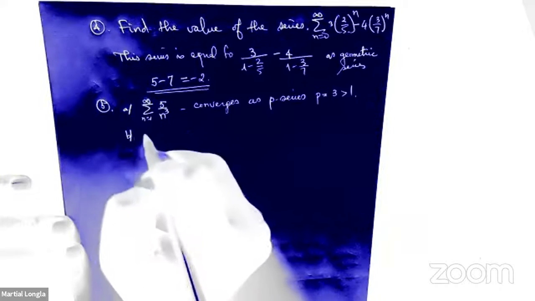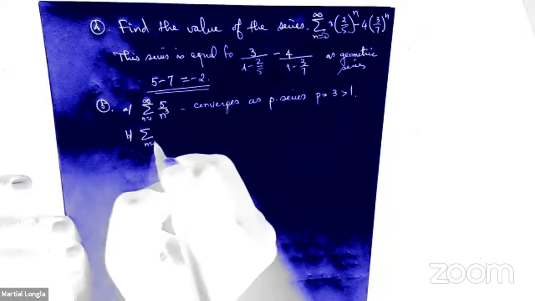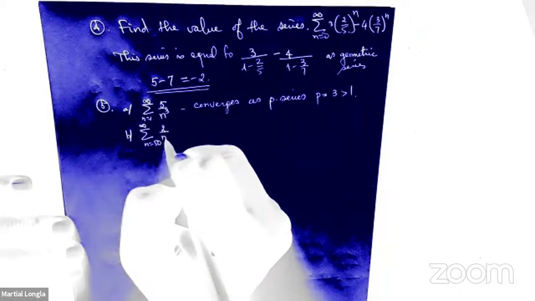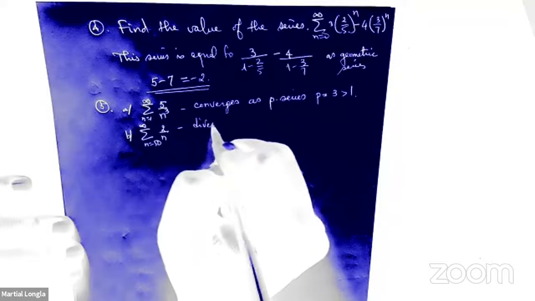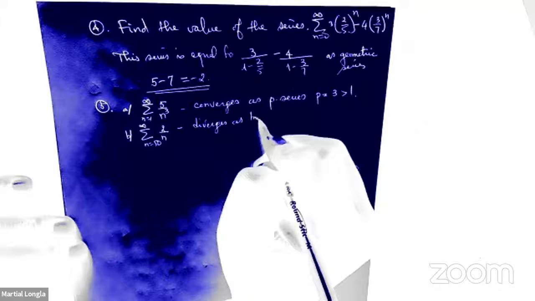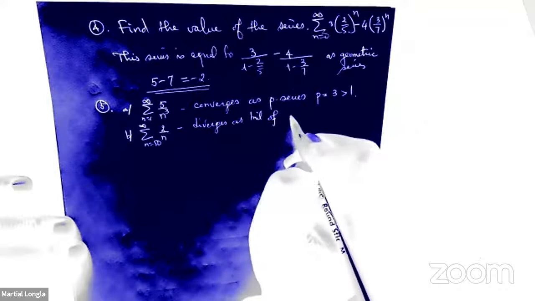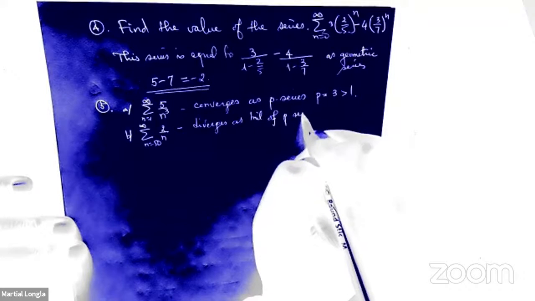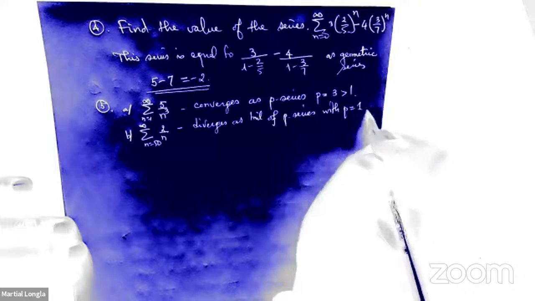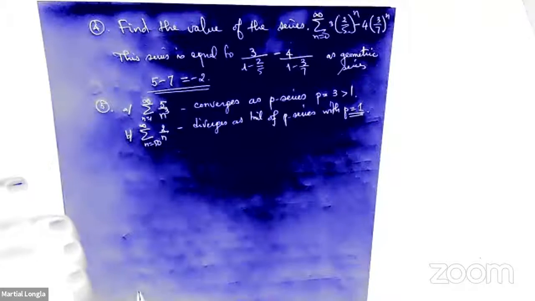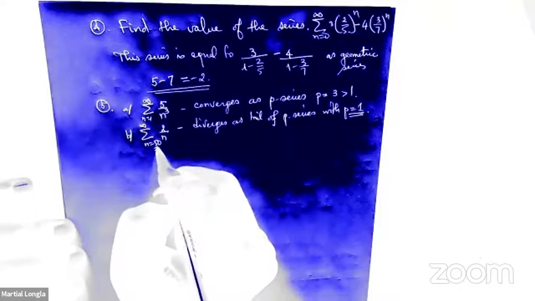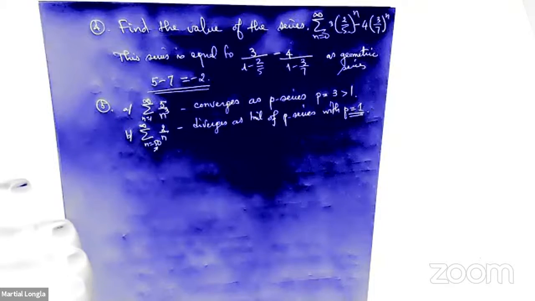Second one, sum n equals 50 to infinity, 2 over n. This diverges as a tail of a p series with p equal 1. A p series with p equal 1 diverges. And I call that a tail because we don't start at 1. We start at 50 going on.